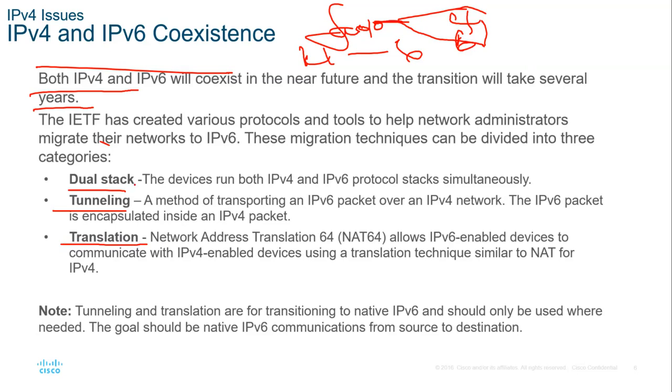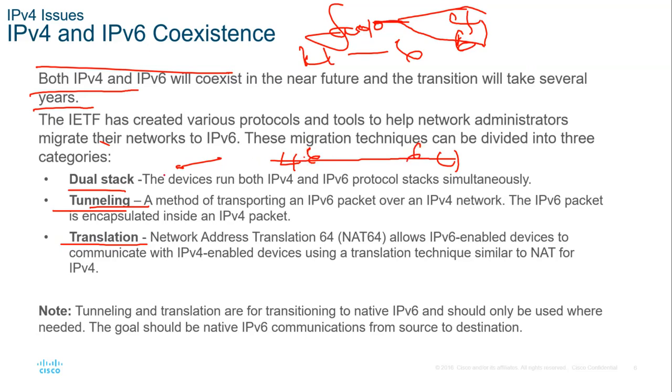With dual-stack, the two addresses are assigned on a single interface. With tunneling, packets of IPv6 are sent over IPv4. So on this side it's IPv4 and on that side IPv4, but in between we have a tunnel that uses IPv6.